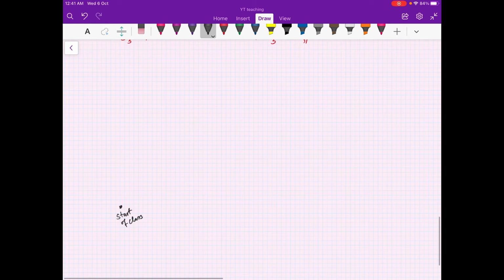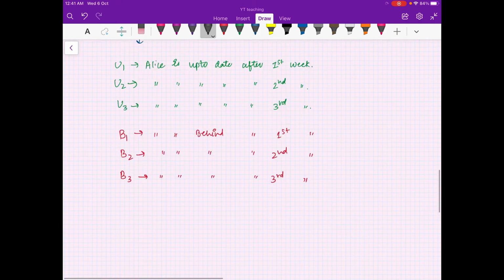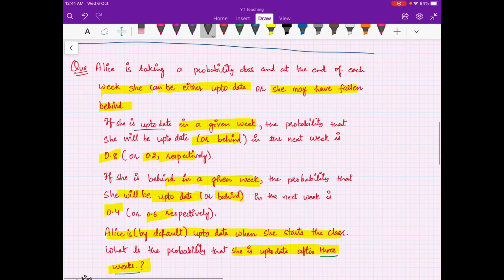So after the first week, and here we assume that she is up to date by default, she is either up to date, U1, or behind. Here the probability is 0.8 because we are given that if she is up to date in the given week, then the probability that she will be up to date in the next week is 0.8.